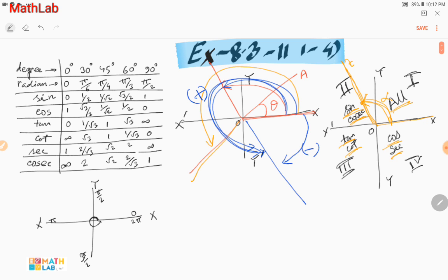So for the first quadrant, if the angle is theta, then the condition is greater than 0, less than pi by 2.